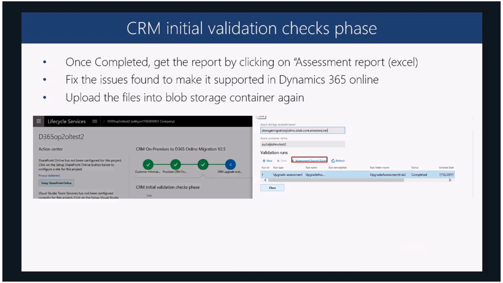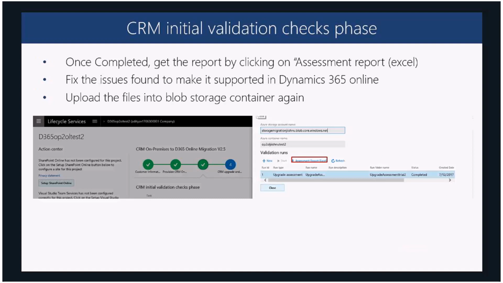For example, if you have plugin code which is not in sandbox mode, the migration would fail for sure. If you have any reference to 2007 endpoints, the migration would fail. If you have any other customization that you are aware is not supported in CRM Online or Dynamics 365 Online, you need to make sure that it is fixed in the VM itself, if possible, and then we go to the next stage.